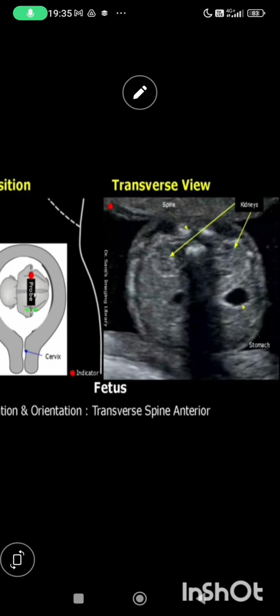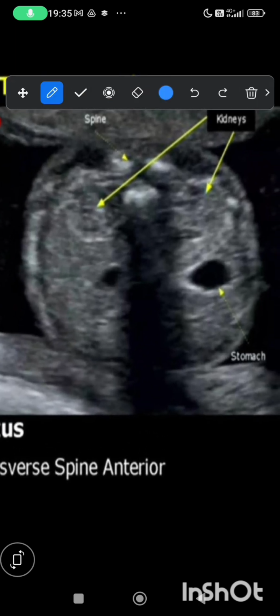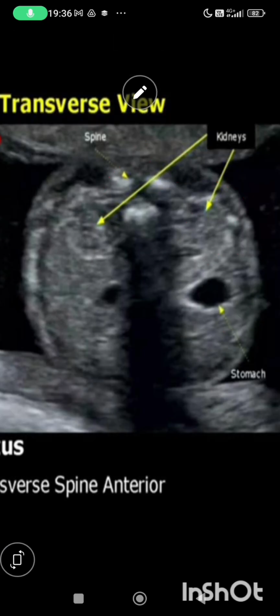So the probe will be longitudinal to get the transverse sections of the chest and the abdomen and the relationship. So here we can see there is spine, stomach. Relationship is clockwise.